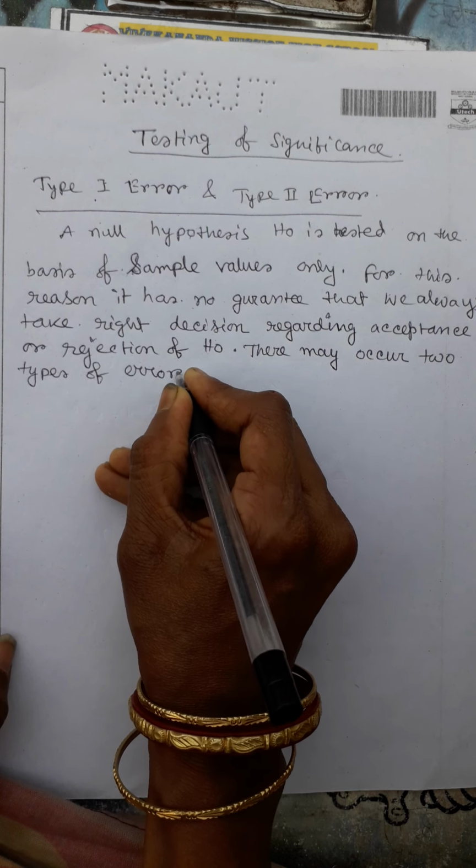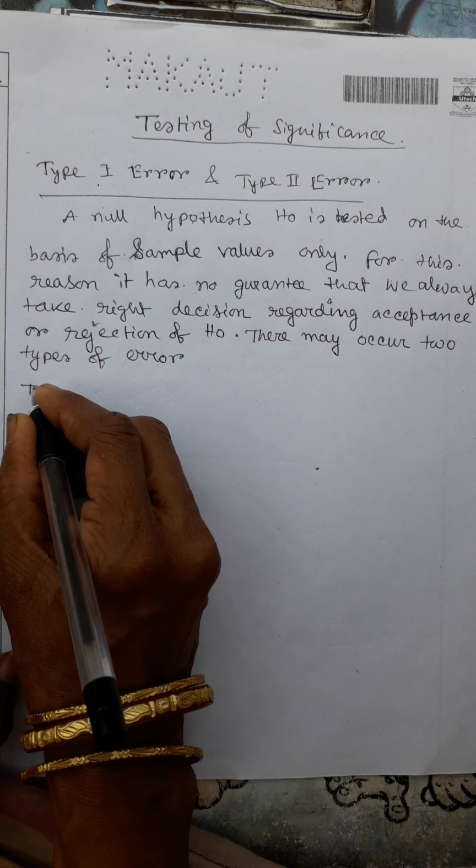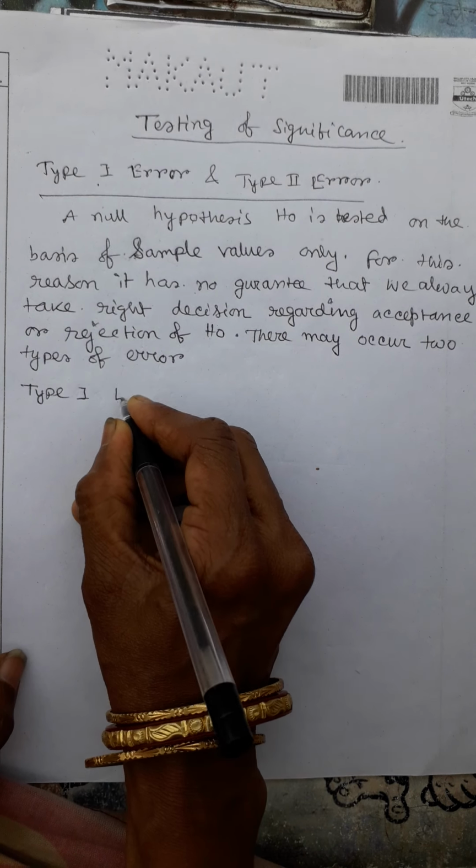There may occur two types of error. The first one is type 1 error.